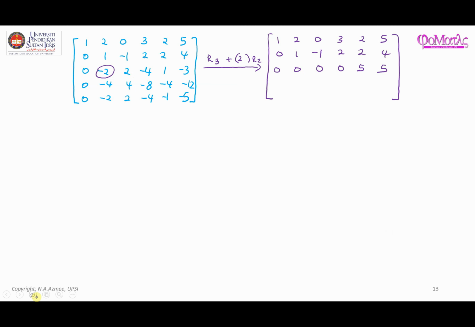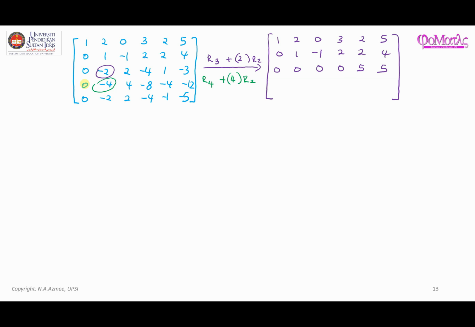Okay, and I also need to consider turning this into 0, so that is the fourth row plus 4 times the second row.